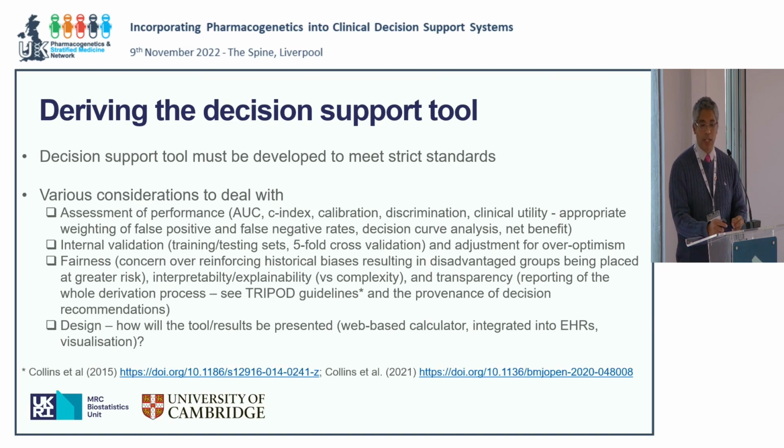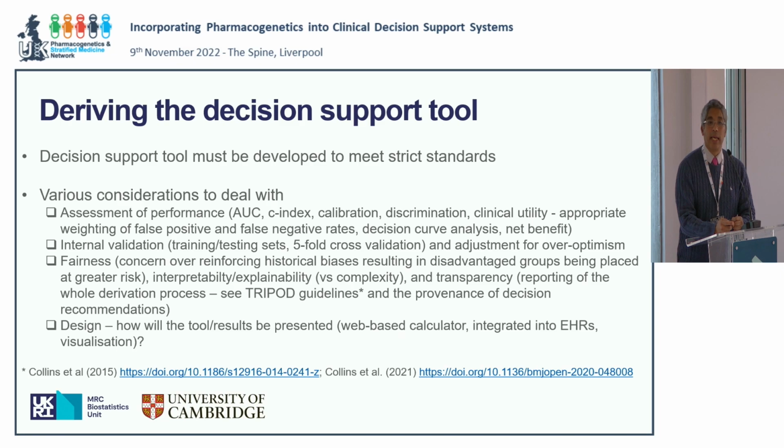Some of the other things we should also consider is what performance measures we are going to use to decide whether our tool is doing a good job, is robust, is performing well, it's accurate. So there's a list of these kinds of tool performance measures out there: area under the curve, C-index. We might want to look at calibration, discrimination, clinical utility.